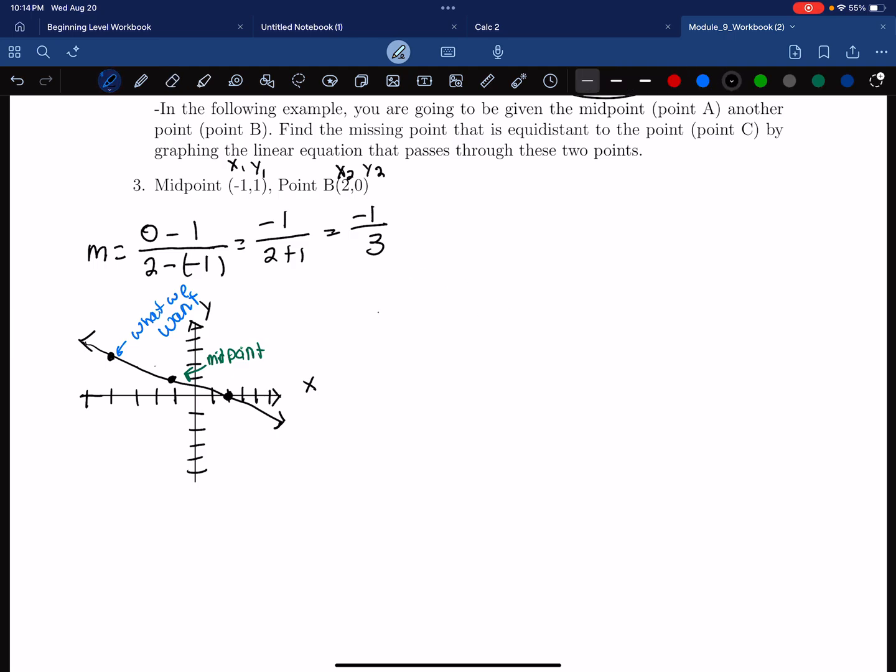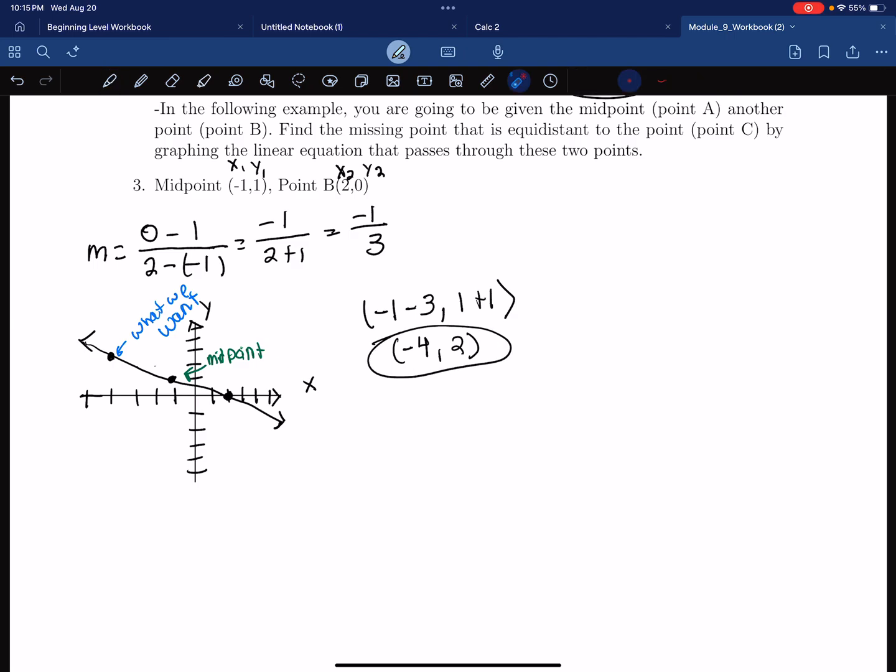What I meant to say is, we have negative 1 from the midpoint, and then we're going to be going left 3 values, which means we're going to be subtracting 3. So we have negative 1 minus 3. And then for our y value, the midpoint is at 1, and we're going to be going up 1 from the midpoint, so we're going to add 1. So we have negative 1 minus 3, which is negative 4, and then 1 plus 1, which is 2. So this is our other point.